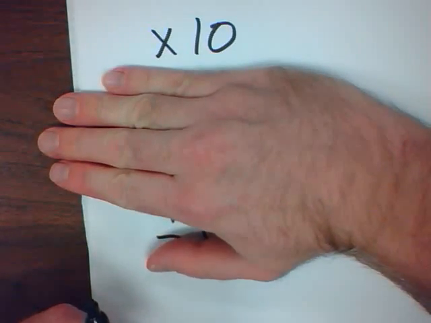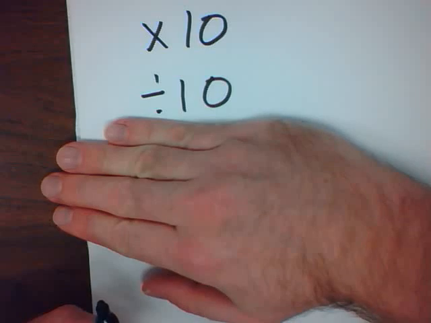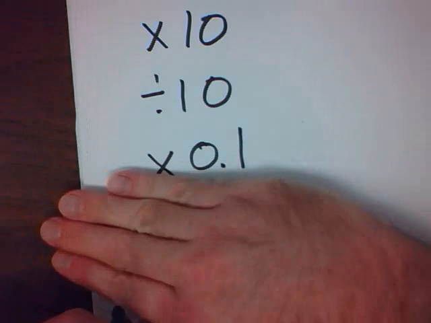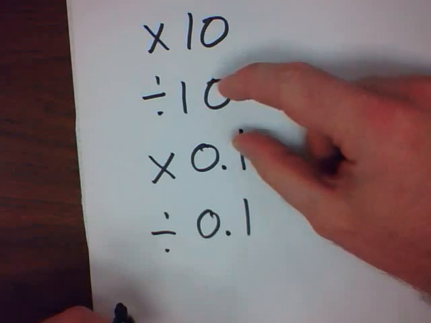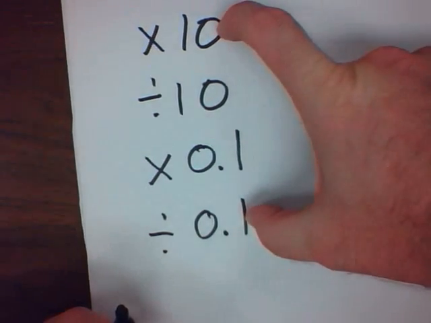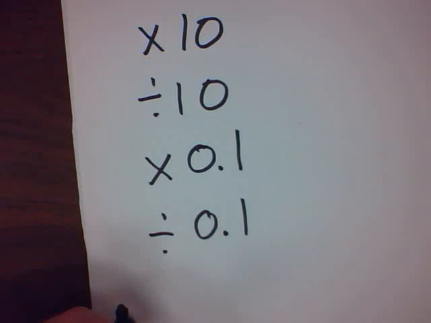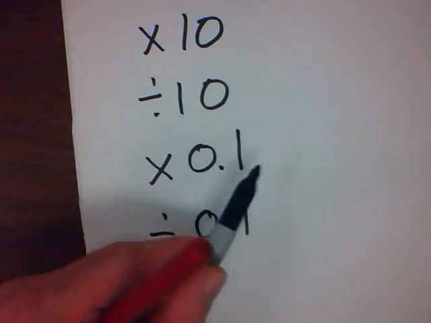Most of us can remember that when timesing by 10, it makes the number bigger. That's a good place to start. Division is the opposite. The minute you get into decimals, reverse it again. This is the opposite of that. These two actually do exactly the same thing, and these two do the same thing. Hopefully that'll help you when you're multiplying and dividing by tens or decimals that are just a 1.